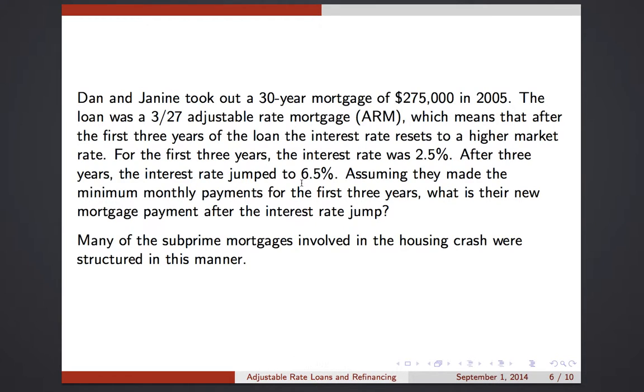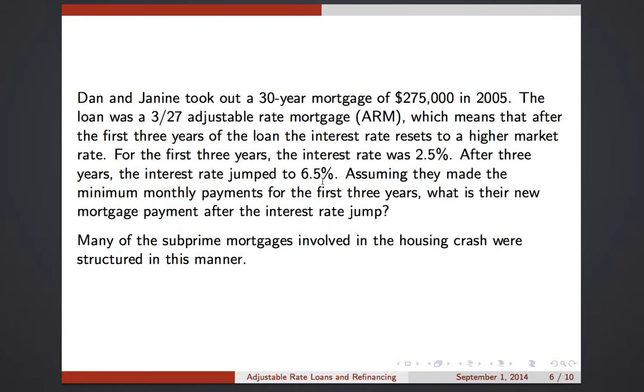Okay, so before I show you how to do this, let's just talk through the logic of what happens here. When they first take out this loan, it's 30 years long, 275 grand, and the APR is 2.5%. So their monthly payment is calculated based on those parameters. After 3 years, when the interest rate jumps, we have to know the remaining balance, just like we had to know it with the Keegan example.